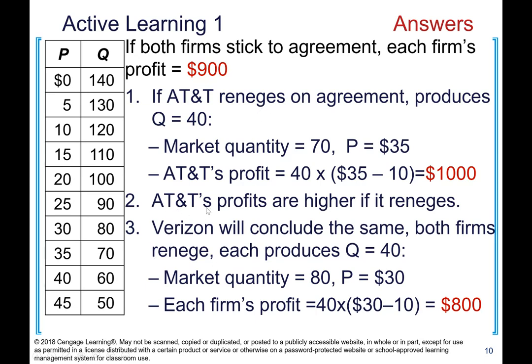Number two, AT&T's profits are now higher if it reneges. Number three, Verizon will conclude the same. Both firms will renege, each producing 40. Market quantity will be 80. The price would be 30. Each firm's profit would be 800.